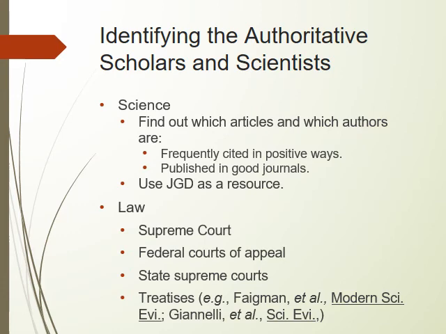And then finally, I would put Professor Moriarty's text on expert evidence in this list. These are things you can work with the library to find. I have a copy of Professor Moriarty's expert evidence text. So those are the kinds of things that you can use as authoritative reference.